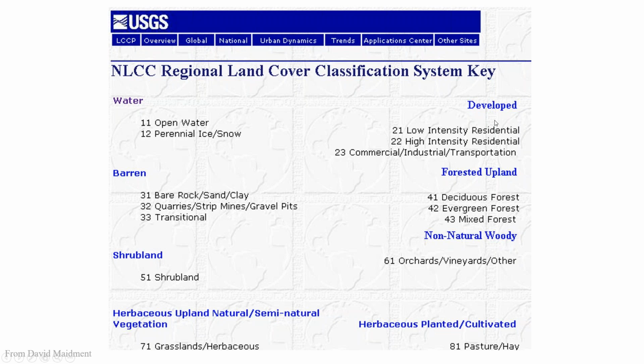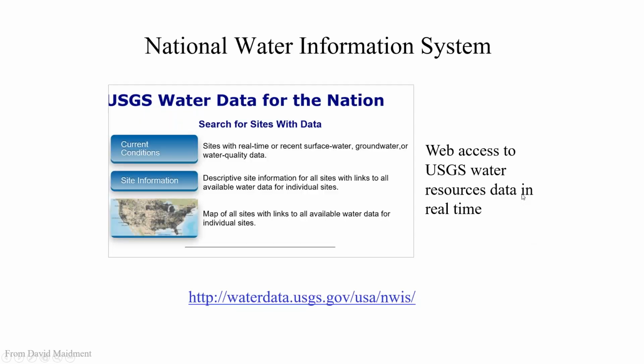Then there's developed land cover, forested land cover, natural woody land cover, and so on. So we might get some of these numbers, and we might have to interpret these in terms of hydrologic parameters, for example, in our watershed, and we might be calculating what fraction of our watershed is say forested, because that tells you something about its hydrology.